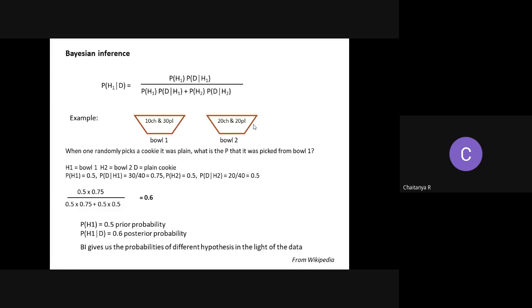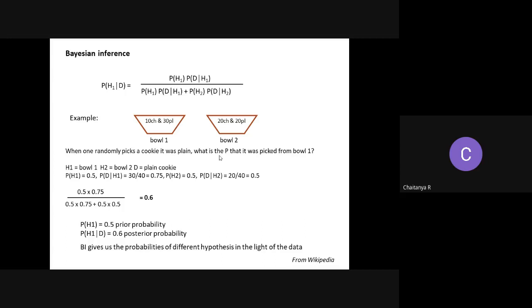So here's a question. Someone randomly picks a cookie, let's say blindfolded, so he can't see, and it turns out to be a plain cookie. What is the probability that this plain cookie was picked from bowl 1?